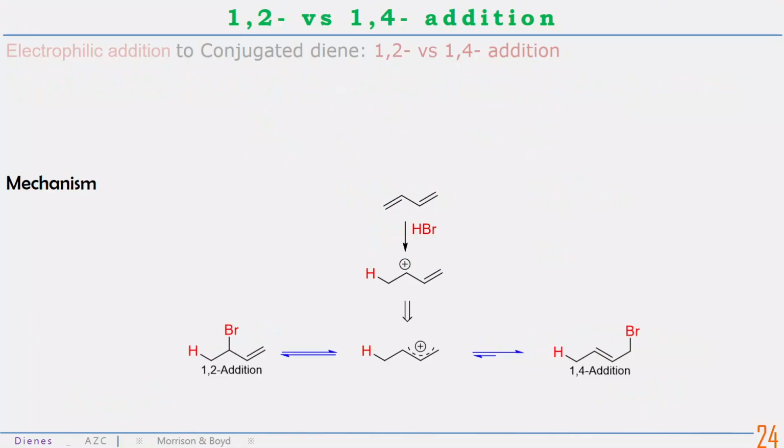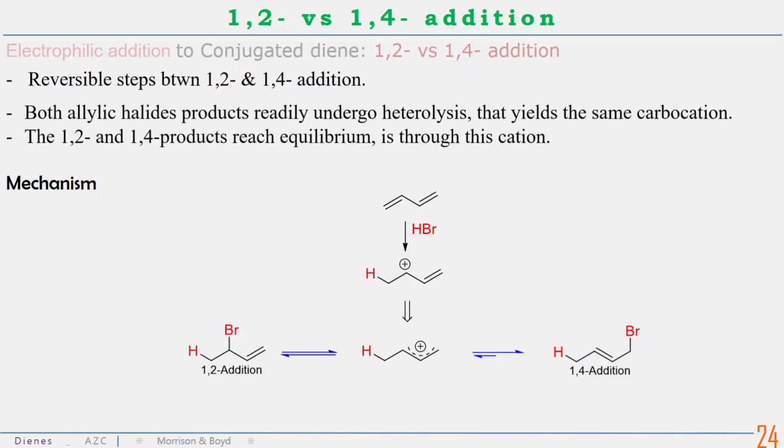When we go through the mechanism, there are reversible steps between 1,2 and 1,4 addition. Both allylic halide products readily undergo heterolysis that yields the same carbocation. The 1,2 and 1,4 products reach equilibrium through this cation.